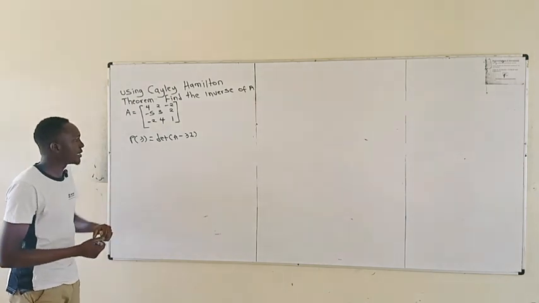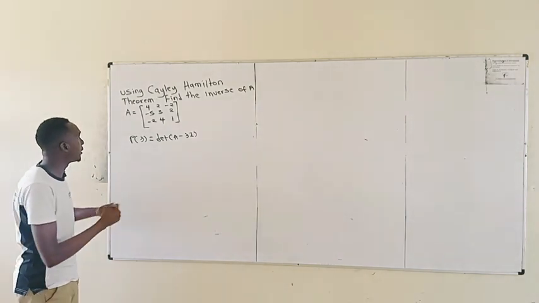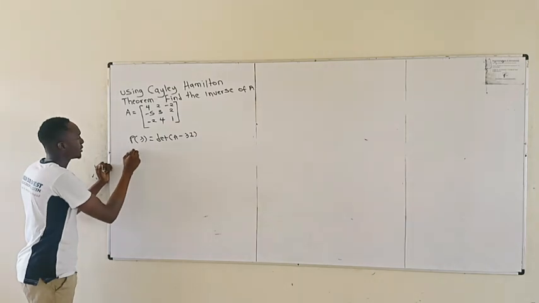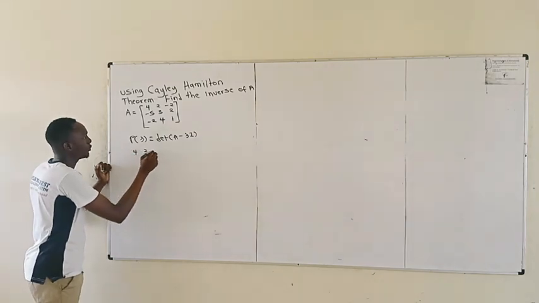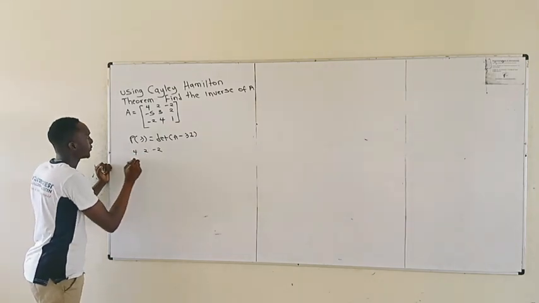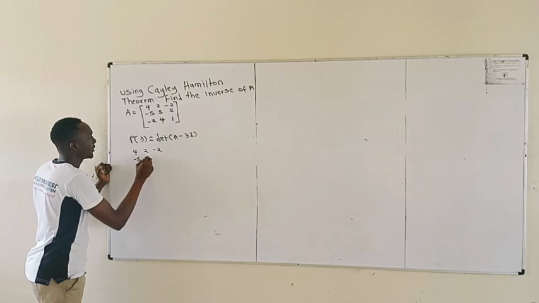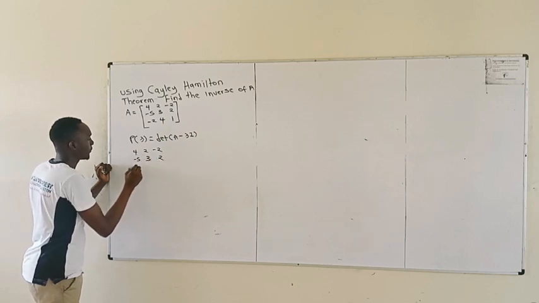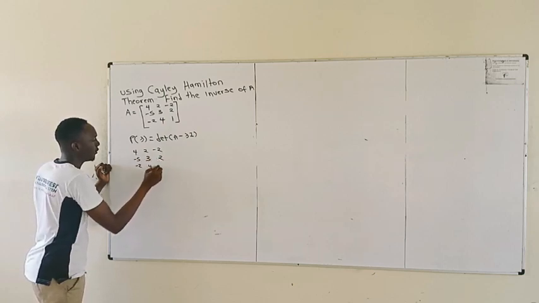This will give us the characteristic polynomial. Our A is 4, 2, minus 2, minus 5, 3, 2, minus 2, 4, 1.